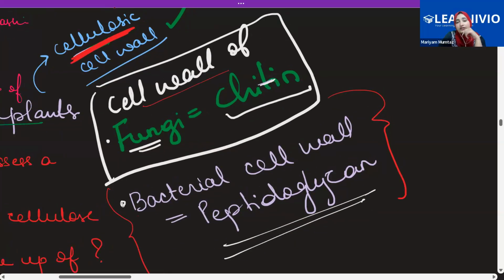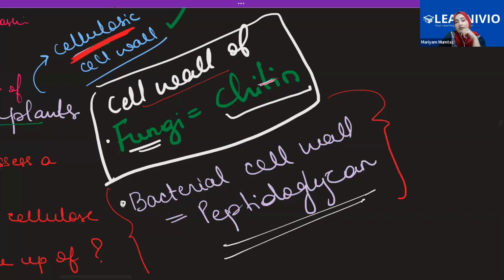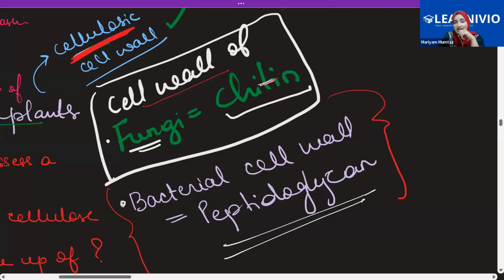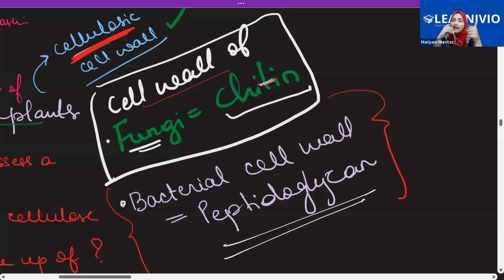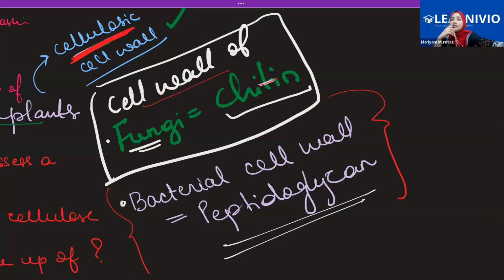The cell wall of the fungus is made up of chitin, whereas in bacteria the cell wall is made up of peptidoglycan. So plants, fungi and bacteria have a cell wall, but made of different components. For plants it is cellulose, for fungus it is chitin, and for bacteria it is peptidoglycan. Any doubts up until now?